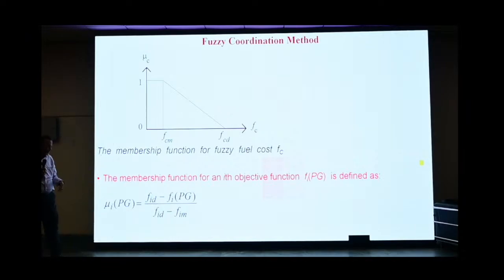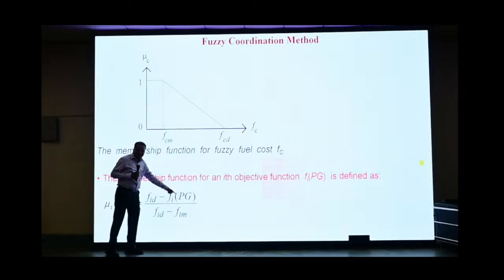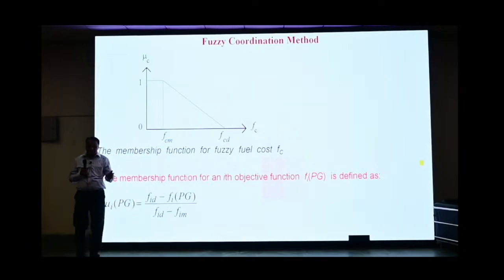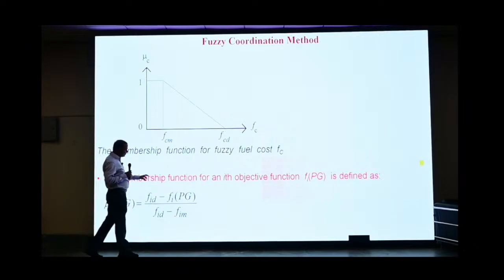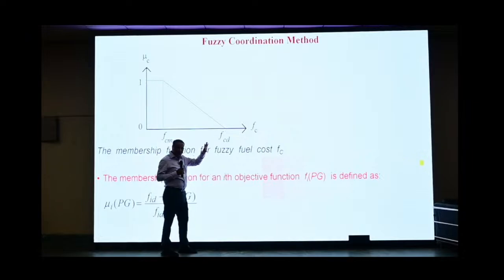After quantification, take μ_i, the membership function of the ith objective function, which is a function of PG only, which means the number of decision variables: PG1, PG2, PG3. It is (Fi max minus Fi(PG)) divided by (Fi max minus Fi min). So now, for each objective function I must find this, and this is common.